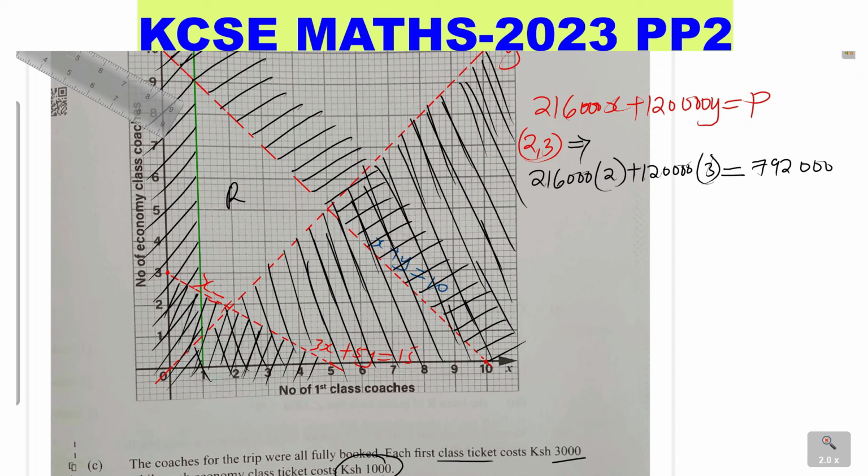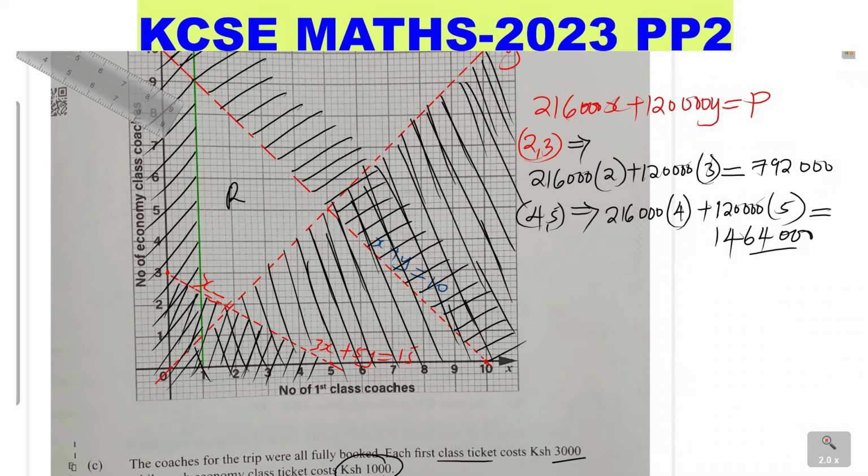Inspect that, (4, 5). So for (4, 5) we have 216,000, x is 4, plus 120,000, y is 5. So this one will give 1,464,000.